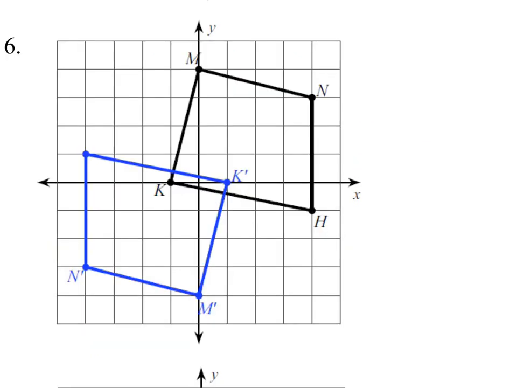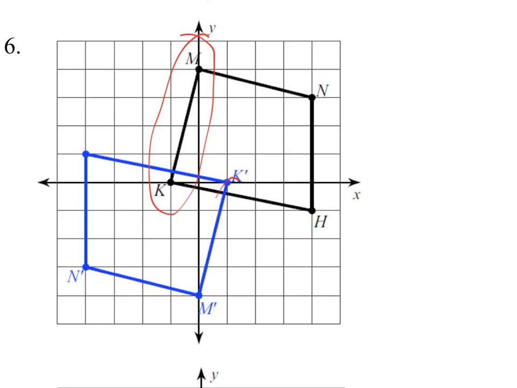Moving on to 6. This figure, you need to look closely at the orientation. Here we have m to the left of n. And then down here we have n to the left of m. So that's been switched. And you can do that with a reflection if you reflect over. But if you were to reflect over, those wouldn't switch orientation.